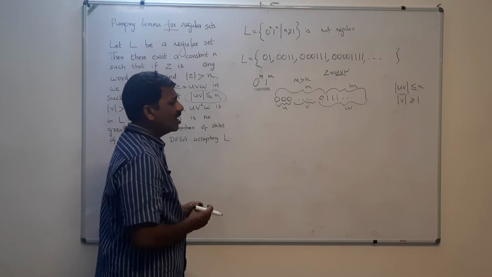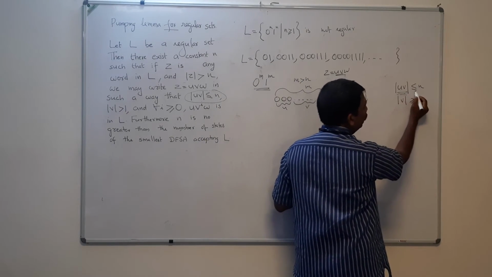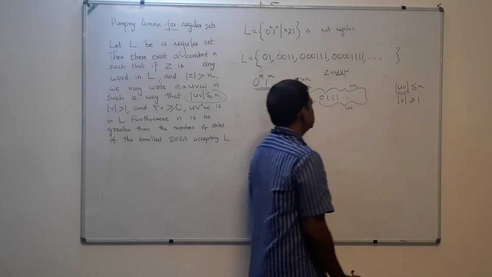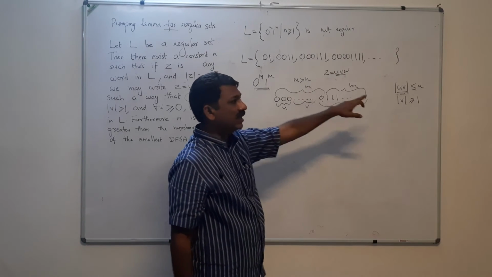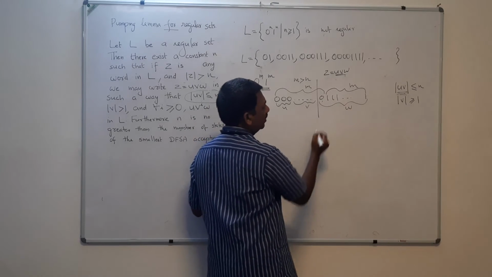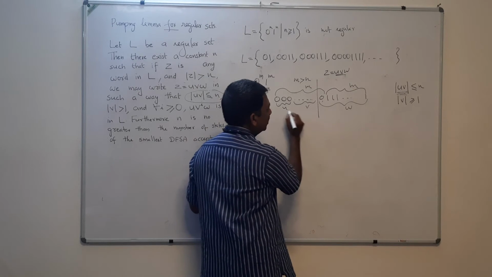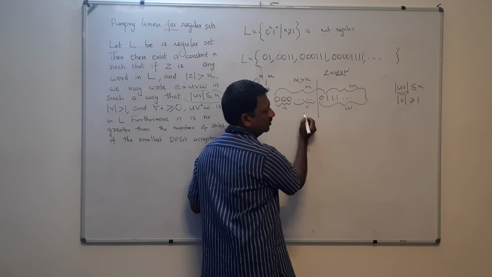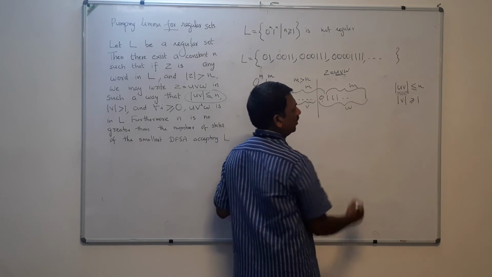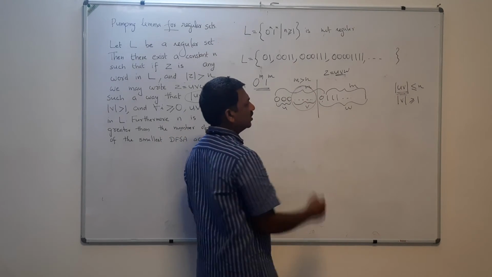Now, as per this, modulus of uv together should be less than or equal to n. Here m is greater than n. So n is coming up to this position, this uv is coming at this point, and w is this point. Now this v is having only zeros.